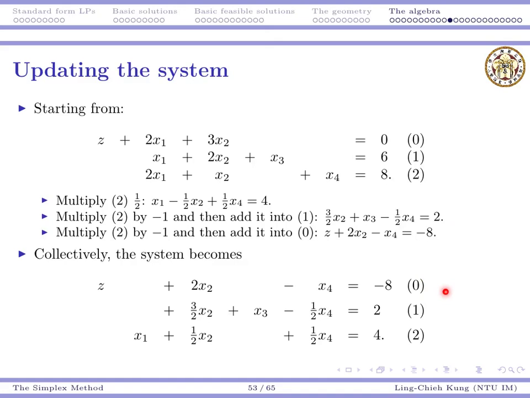Certainly the solution does not change, right? The solution satisfies first and second constraints, and because we are doing row operations, the solution does not change. But the objective value, the z value, may change because we are using a better solution. So that's the idea.